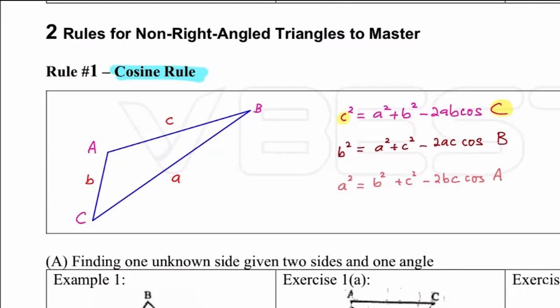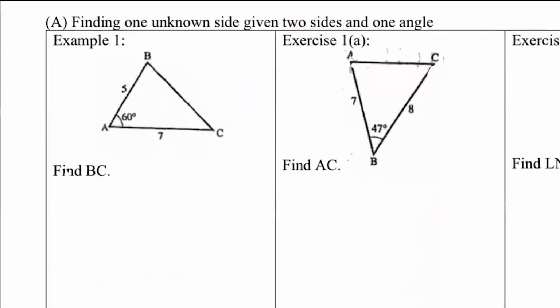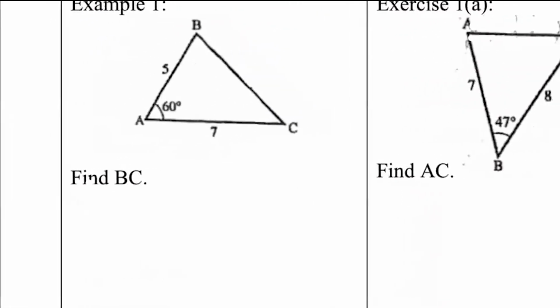For example one, you have a triangle ABC, and you are asked to find BC. You are given the length of AB and the length of AC. Two lengths covering an angle, find the opposite, so you just apply the formula.